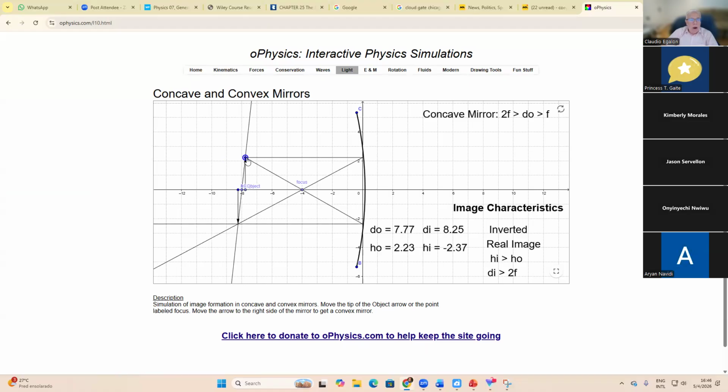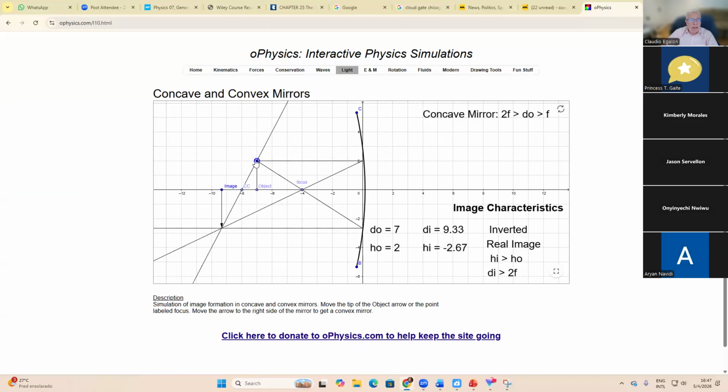As the object approaches the mirror, the image is formed further and further away. Like I said before, this is the case of your image projected in a movie, on the screen of the movie, okay?